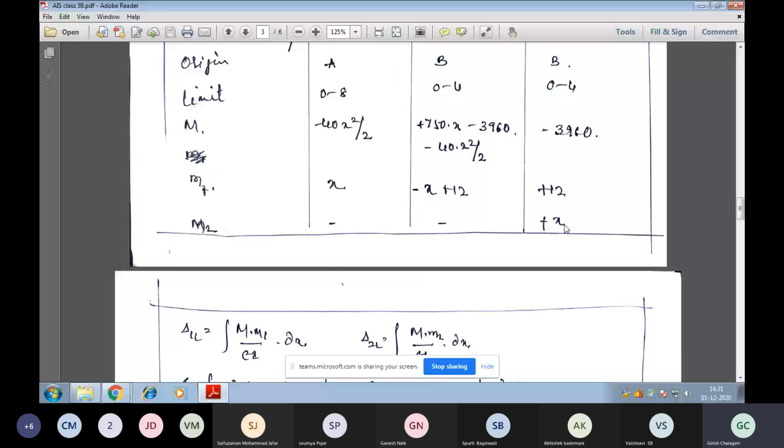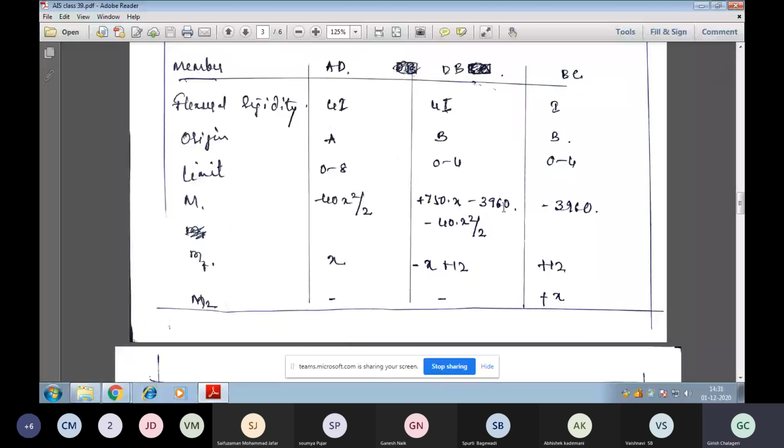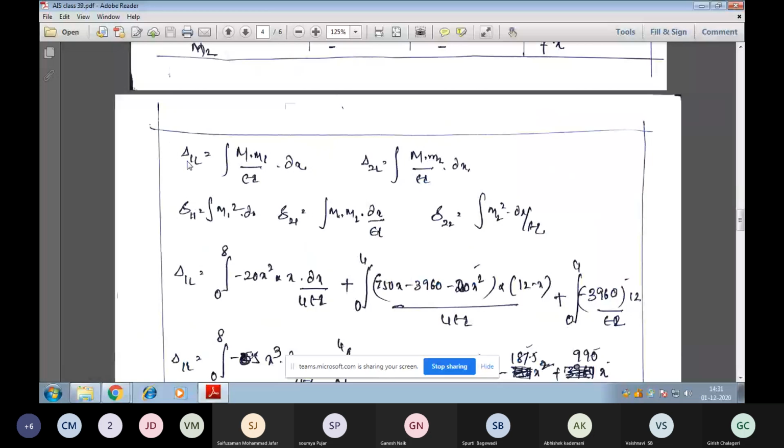Once we get this table, we can substitute the values like this. To find delta 1L, integrate capital M into small m1 into dx by EI. Similarly, for delta 2L, we integrate capital M into small m2 into dx by EI.